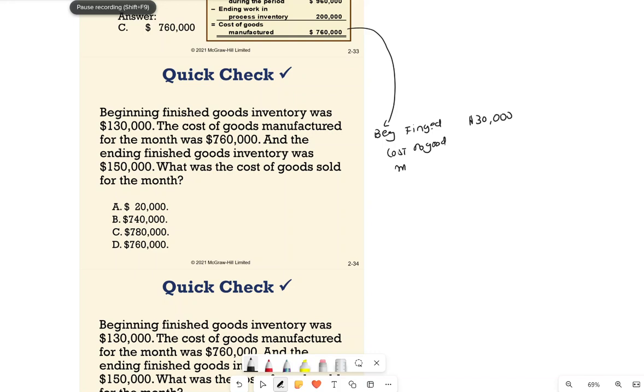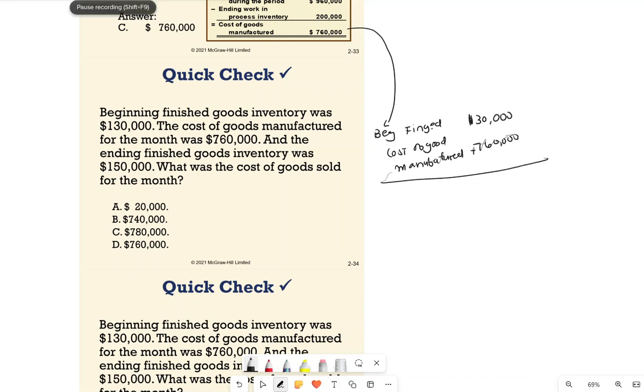So if I add both of them, I am going to get a number. I have a cost of goods manufactured, and that is my 760,000. So I add these two numbers, and then what do I get?